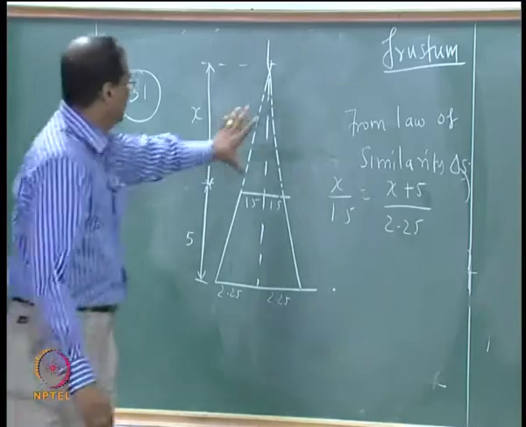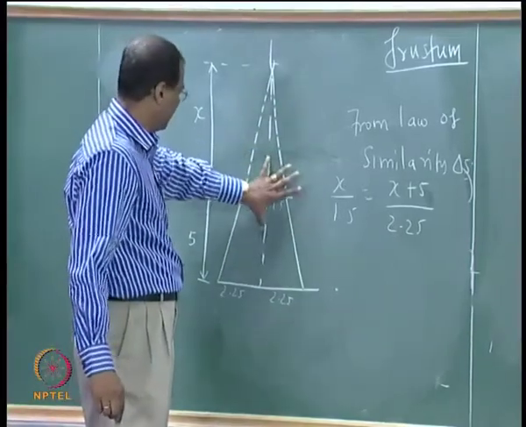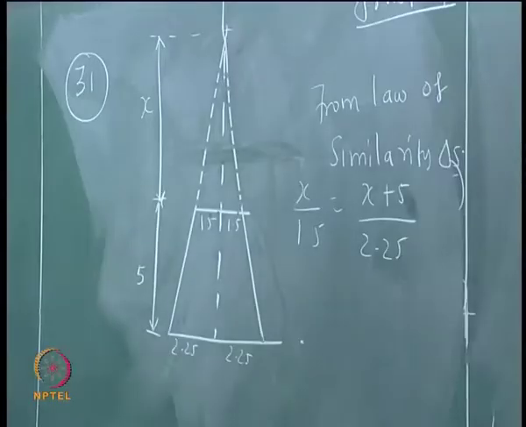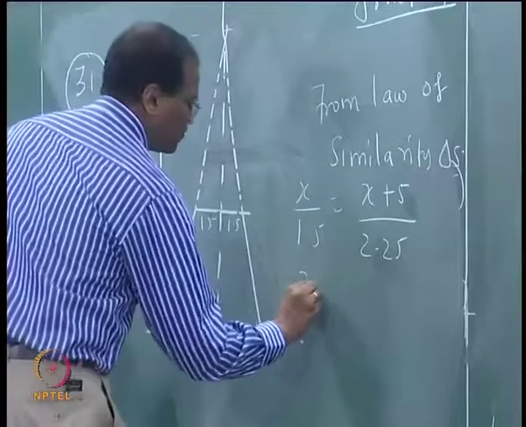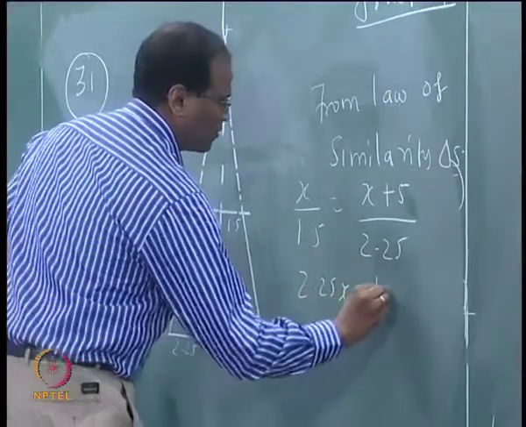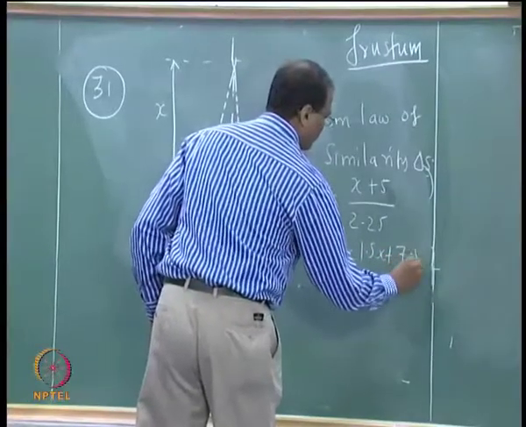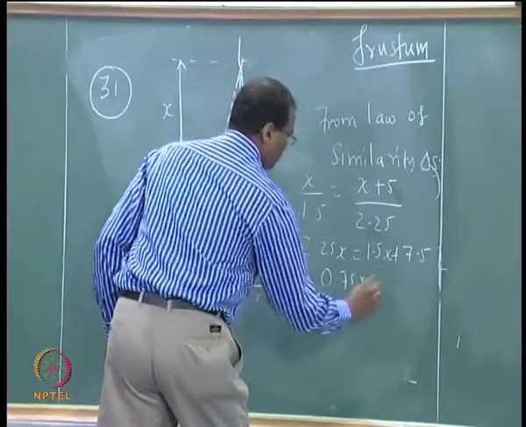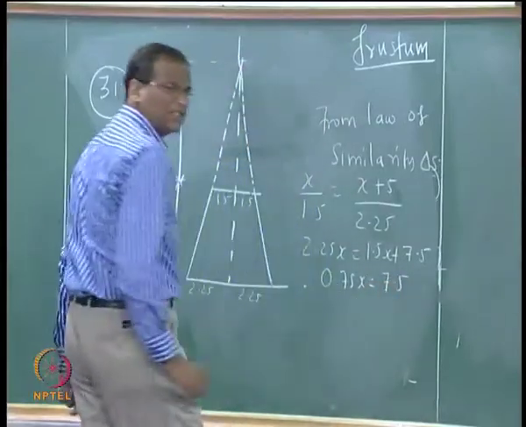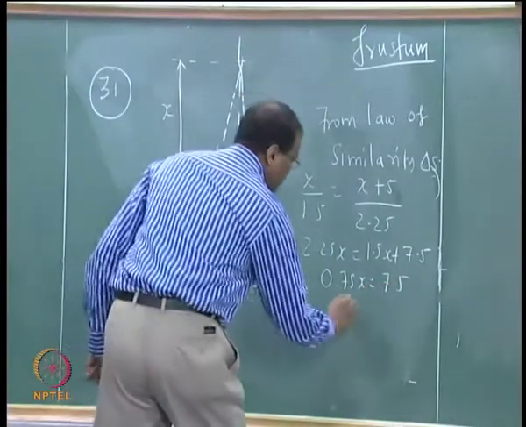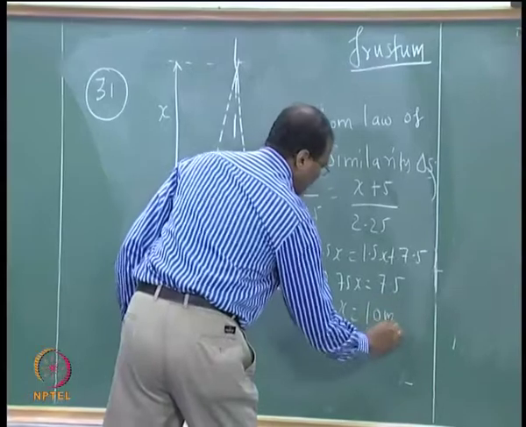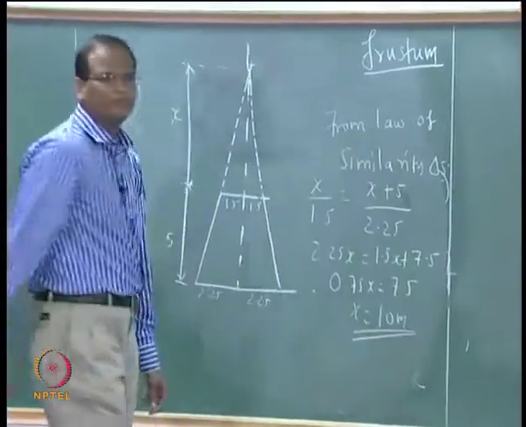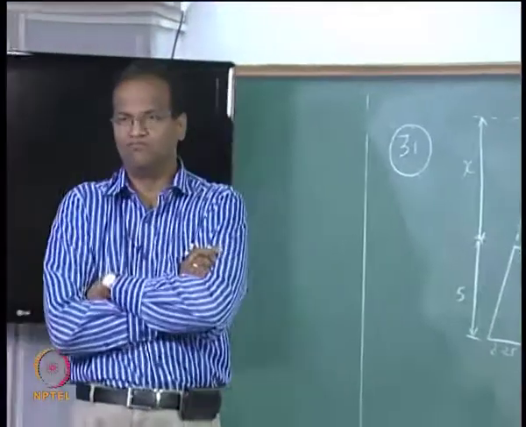Now, so 2.25x equals 1.5x plus 7.5, x equal to 10. X equals 10 meters.